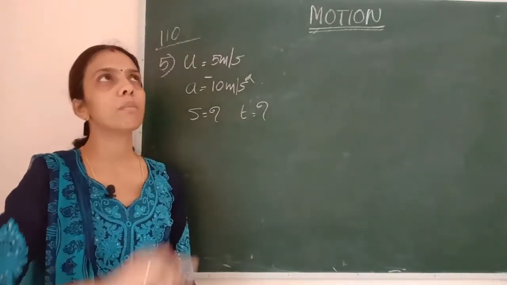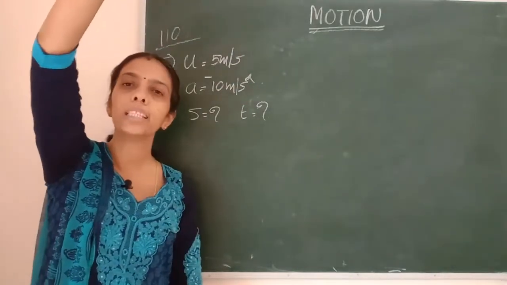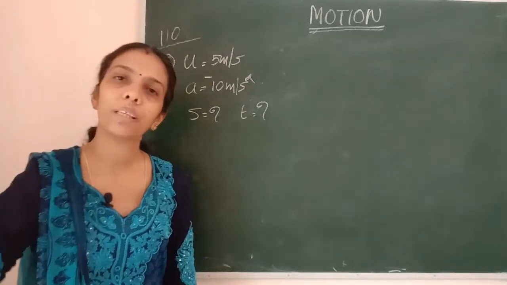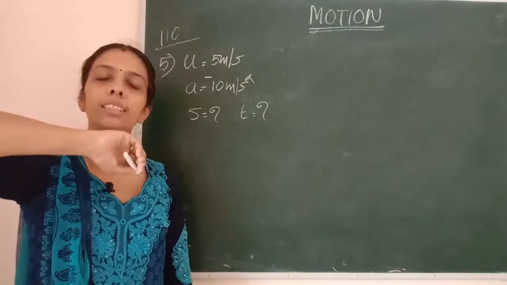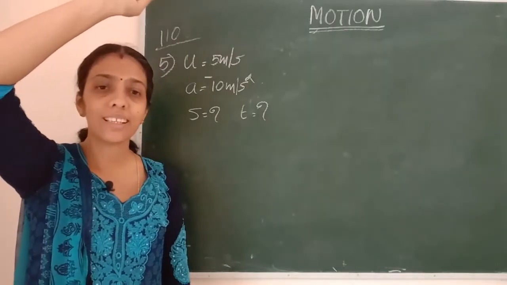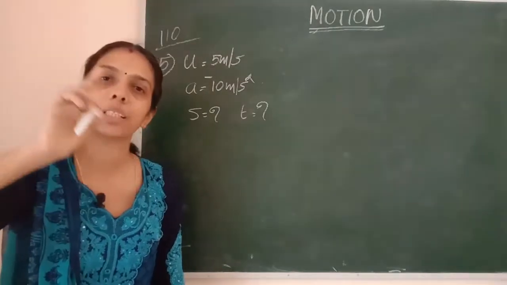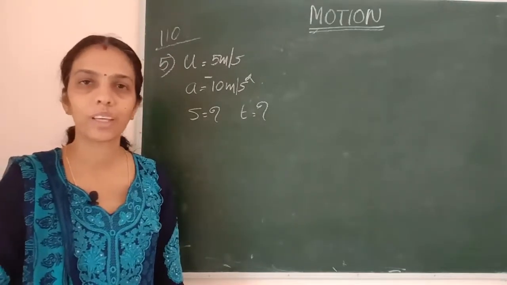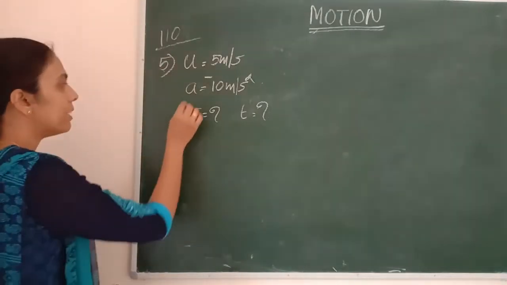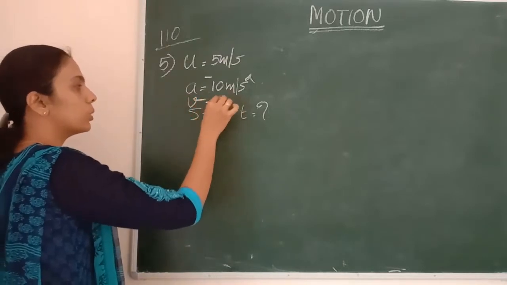At maximum height, what will be its velocity? If it had velocity, it would have gone a little more up. So if the velocity becomes 0, it will start falling down. So the final velocity is equal to 0.